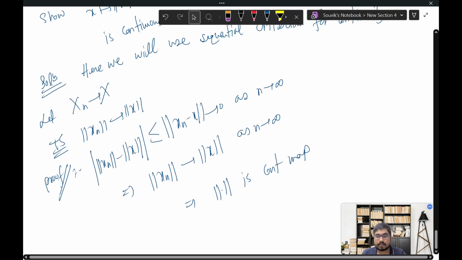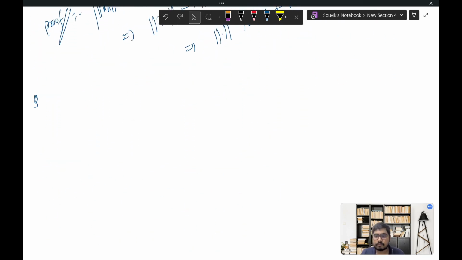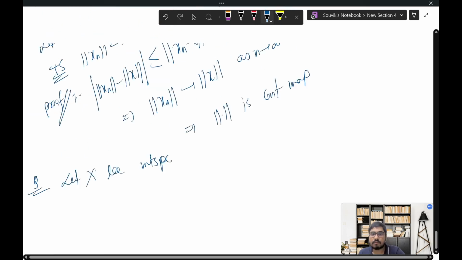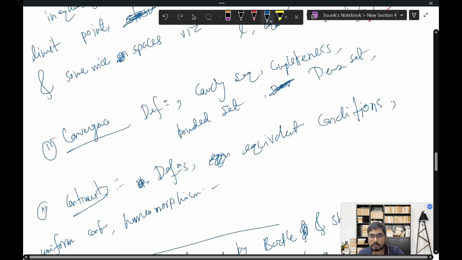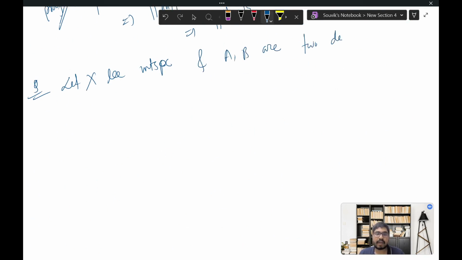So now consider the following problem. Let X be a metric space, and A and B two dense subspaces.